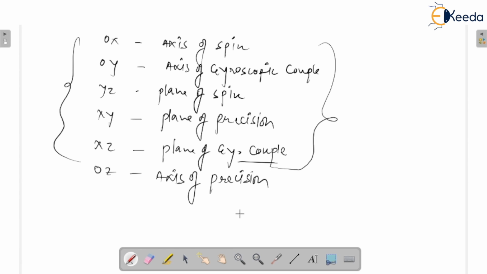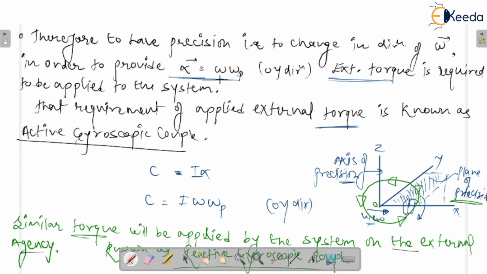This is the important formula, you must remember it. C denotes the gyroscopic couple, C equals I omega omega p, where omega is the angular velocity and omega p is the precession velocity.